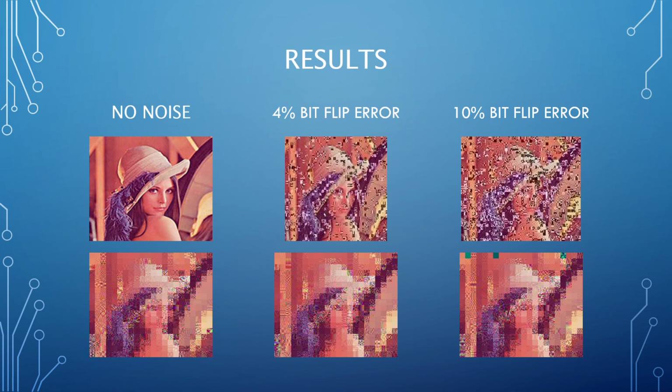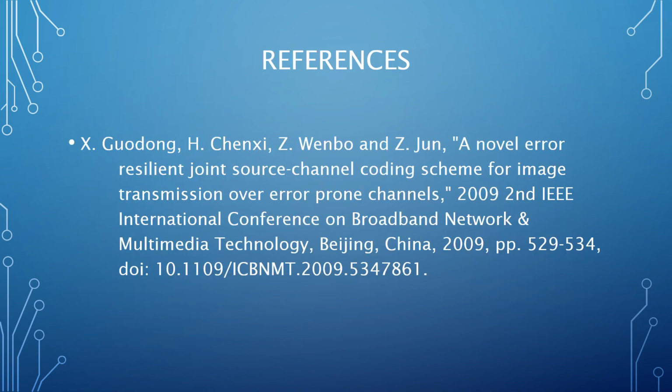I still do hope to work on this more, and if I generate better results, I will certainly include those in the written portion that I submit. But otherwise, this is where I stand now, and this is the research paper that I've been referencing and that I'm basing my implementation on.